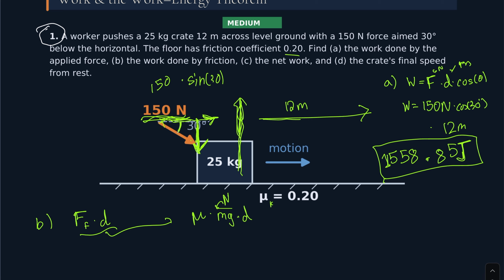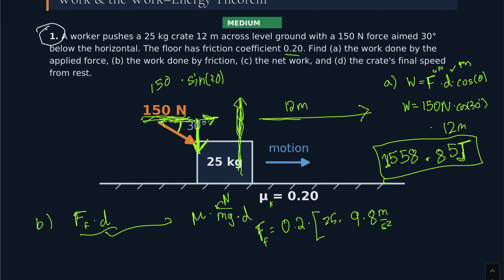So the force of friction is mu, which is 0.2, times m, which is 25 kgs, times 9.8 meters per second squared for gravity, right? And then times, so I won't do the d here yet, okay? Because I'm just looking at the force of friction, which is mu times the normal force. And what's the normal force going to be? Is this the only normal force? No, right? Because what you have to keep in mind here is that 0.2 times 25 times 9.8.